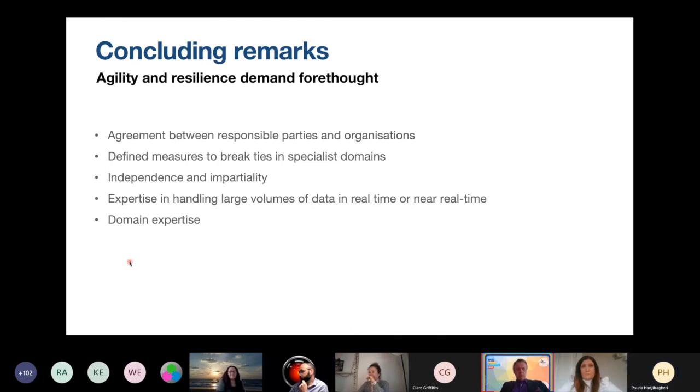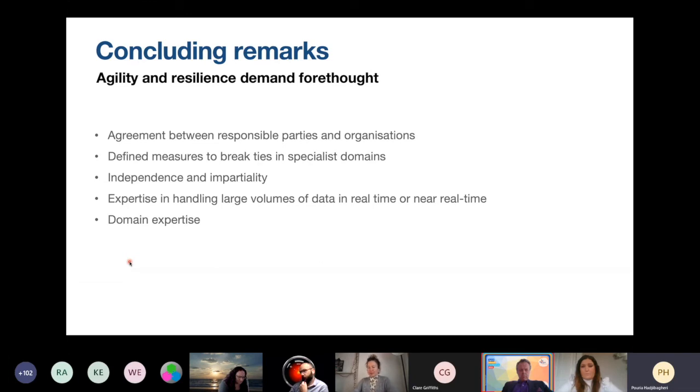There are things that we can do better in the future. We can have agreement between responsible parties and organizations so that we don't have to reach one in the middle of a pandemic to obtain data or publish data, how to publish them, when to publish them, things like that.